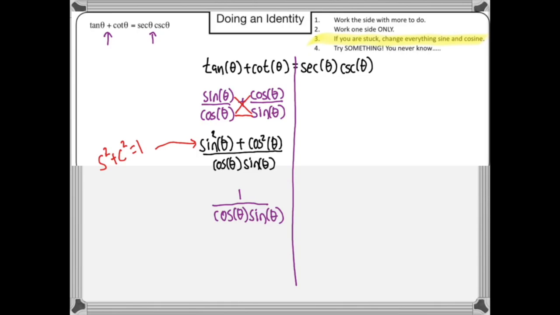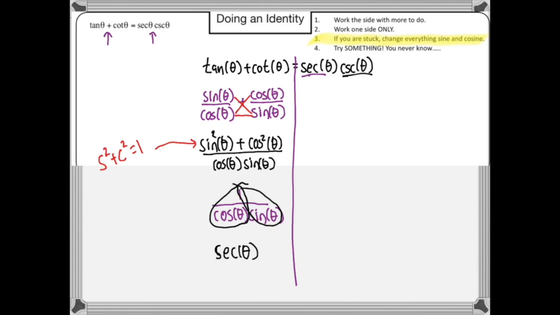So looking at the right-hand side and just seeing where I need to go, I have a secant, and I know that if I take the reciprocal of cosine right here, that's going to give me a secant. So I like that a whole lot. And I also know that this cosecant right here is 1 over sine as well.